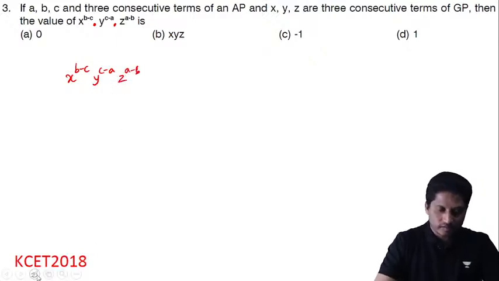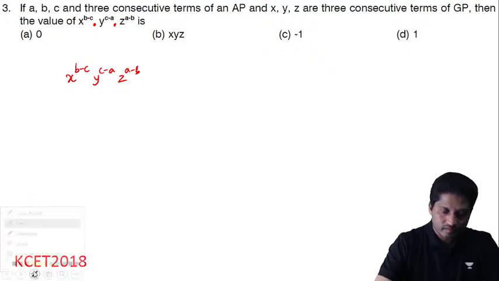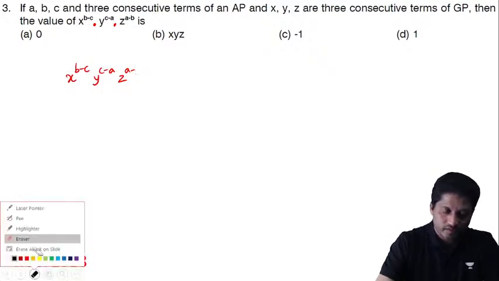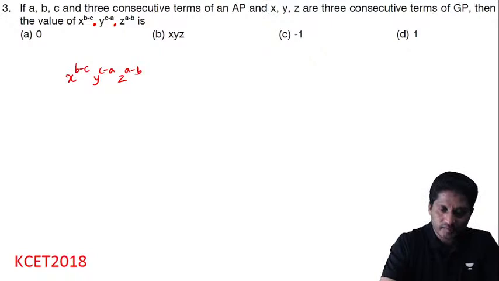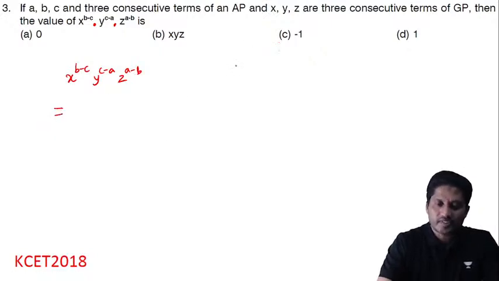Now, according to the question, A, B, C is in AP and X, Y, Z are 3 consecutive terms of a GP.